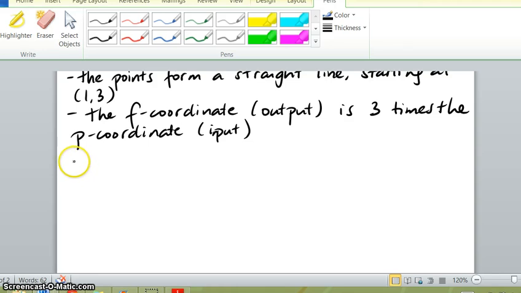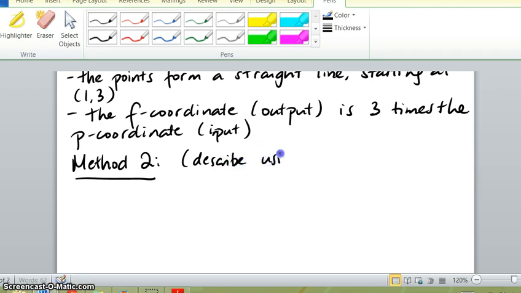Okay, so method 2 in describing the pattern, you may think this is pretty lengthy, but you have to be familiar with all 3 different methods, is describing using the horizontal and vertical distances.